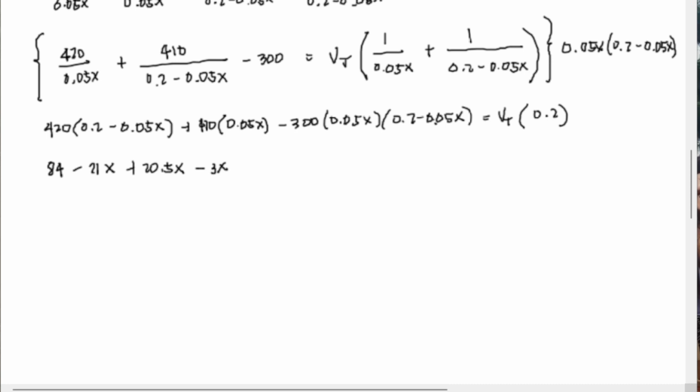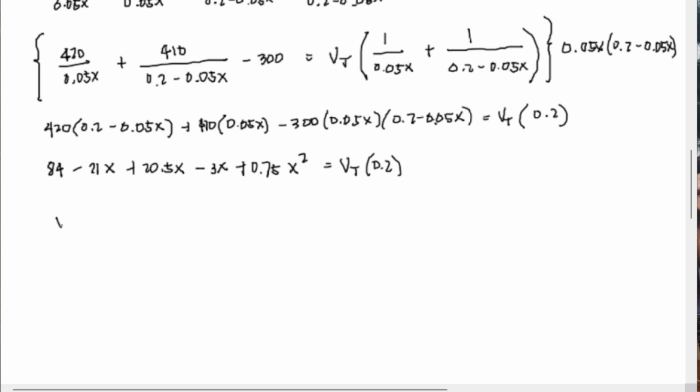So we'll have plus 0.75 of x squared equals VT times 0.2. Okay, so ito lahat, itong mga may x combine natin. Then all divided by 0.2.